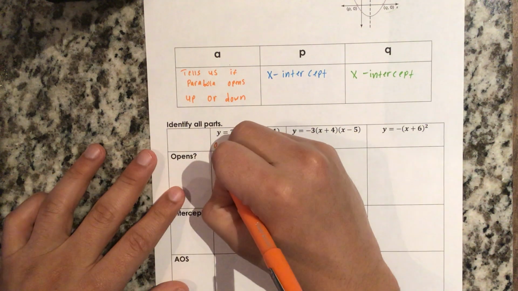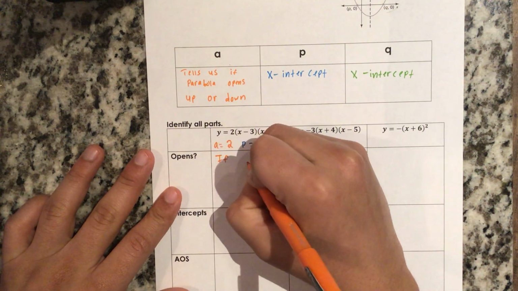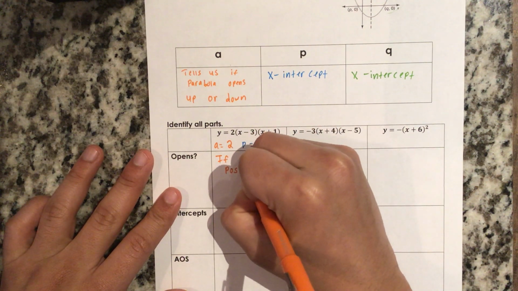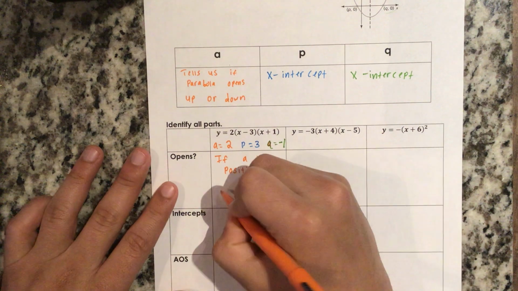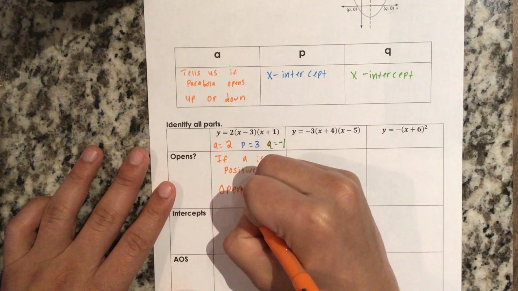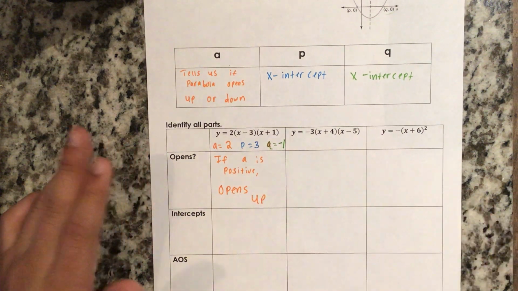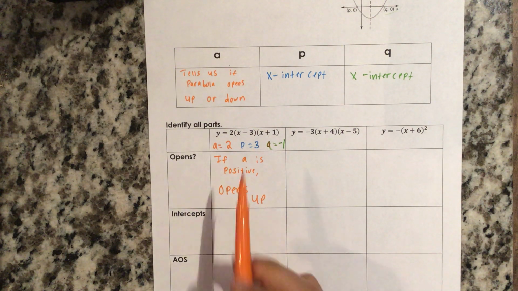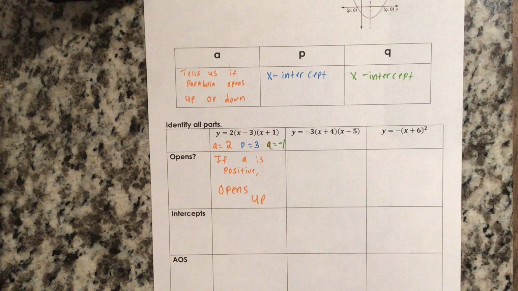If a is positive, my parabola opens up. Some of you probably guessed that because it's the exact same thing as vertex form. That's simple.